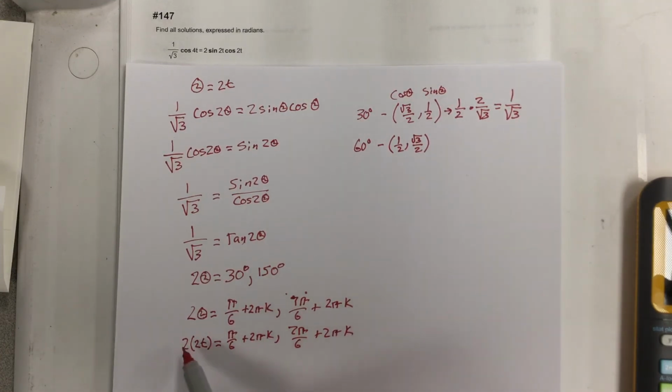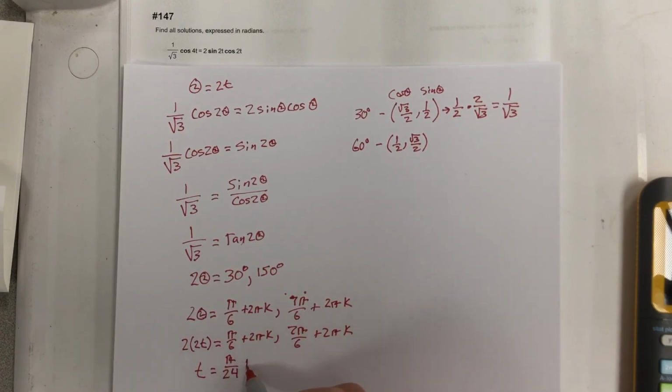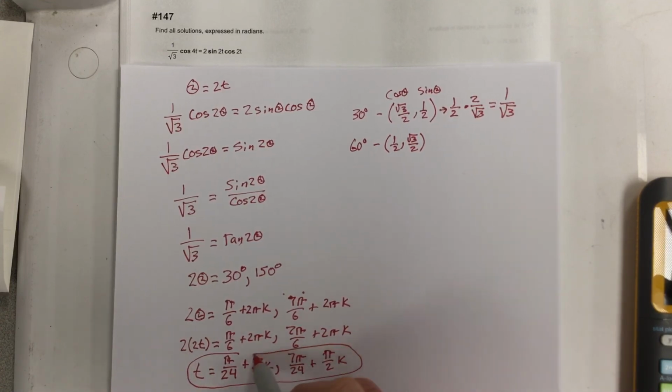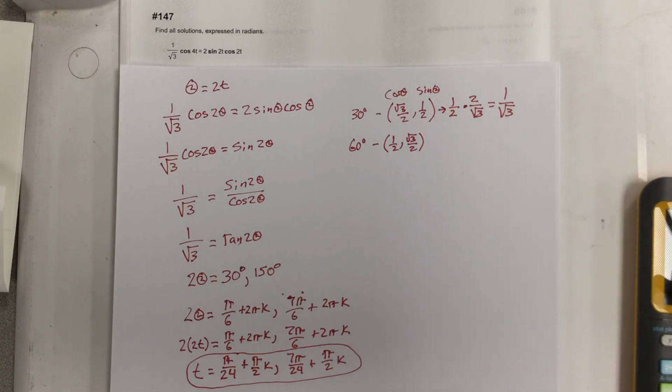So I'm going to multiply the 2 and the 2 together, that's 4, and then divide each of these by 4, and that'll be t equals pi over 24 plus, if I divide this by 4, that'll be 1/2, so that's pi over 2 k, comma, 7 pi over 24 plus, divide this by 4, and I get pi over 2 k as well for here. So these are my solutions for t for this problem that honestly looks pretty complicated to start.